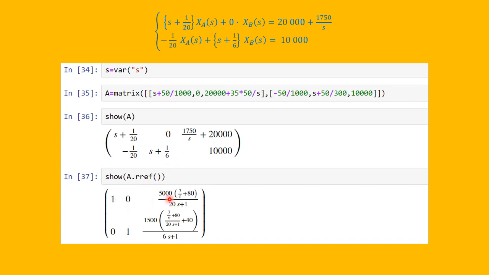So this matrix says that 1 times X sub A of S plus 0 times X sub B of S equals this, and the second row gives us 0 times X sub A plus 1 times capital X sub B equals this. So from here we can read off what X sub A is equal to and what capital X sub B is equal to.